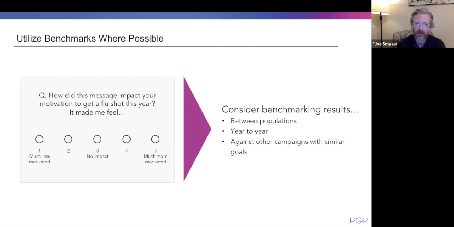So what you're trying to do is collect data so that you can compare different groups. Either you have a vaccination campaign every year and you want to be able to compare year 2 to year 1, or you want to compare populations to each other or against other goals that the campaign may have. And one note about scales.